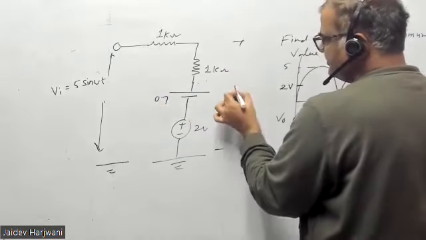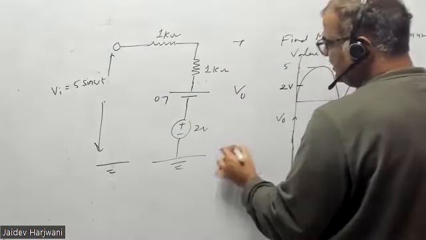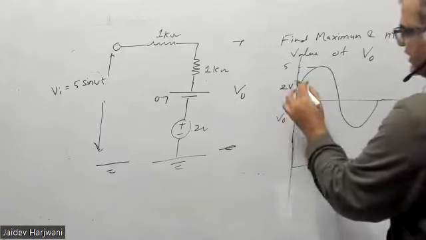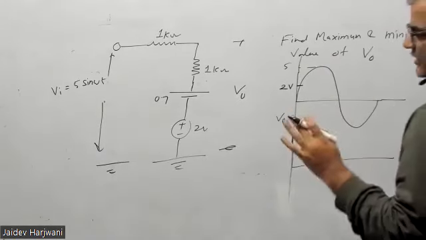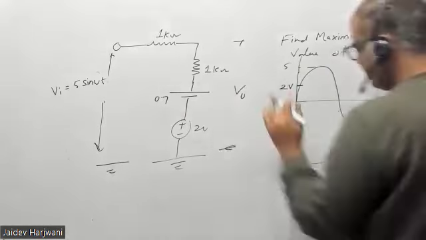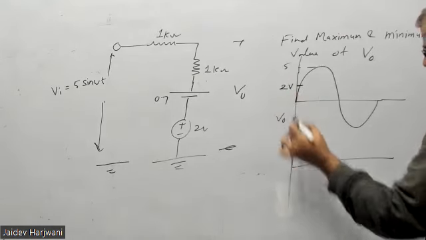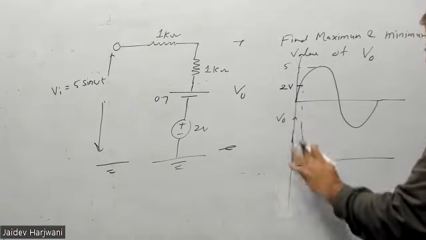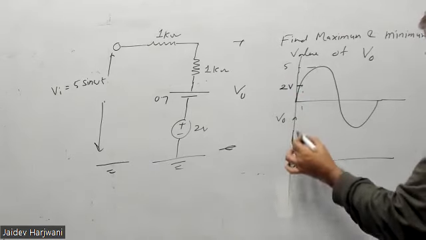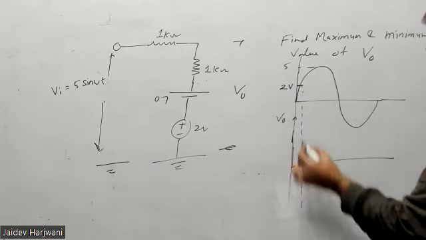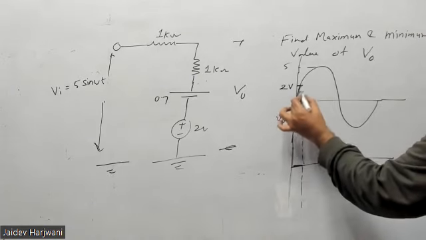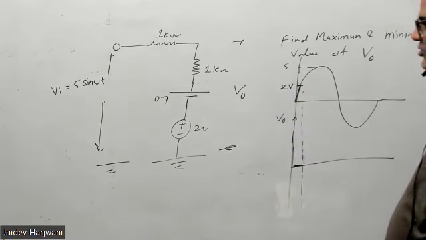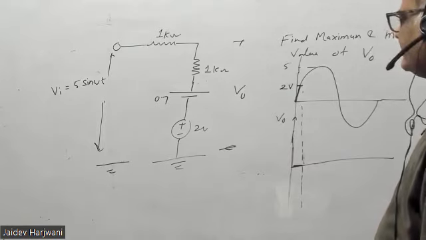Now if this is 0.7, tell me how much V naught will come. Initially no current is flowing, because the diode is reverse biased. So up to this point you won't get any current or voltage, since the diode is open.